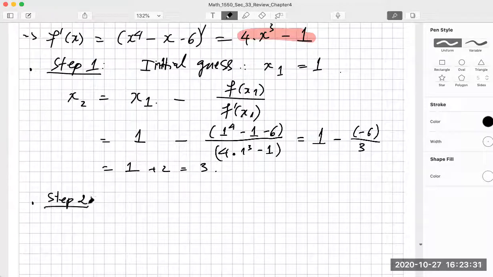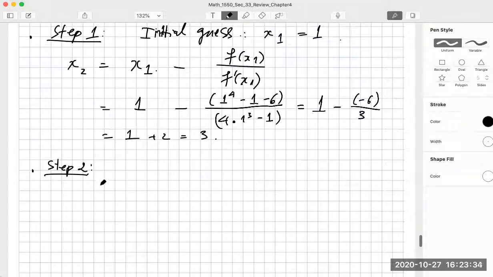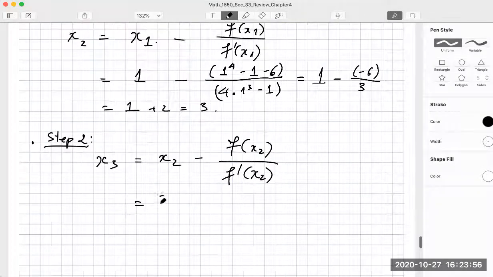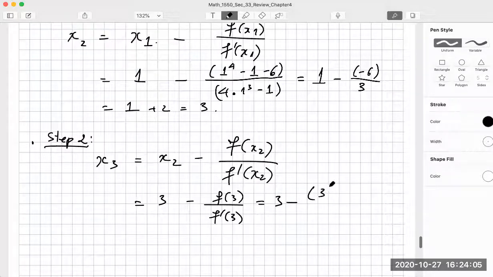Step 2, we compute x3, which is x2 minus f of x2 divided by f prime of x2, which is 3 minus f of 3 divided by f prime of 3, which is 3 minus 3 to the 4th minus 3 minus 6 divided by 4 times 3 to the 3 minus 1.